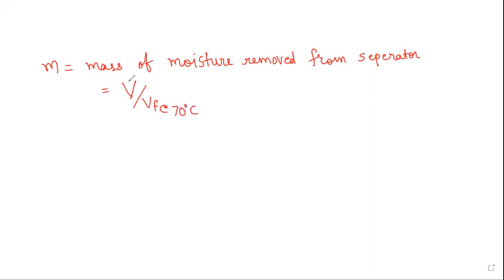And this volume is given to be 0.150 liters. And from the steam tables, we can read the specific volume at 70 degrees centigrade, and that value comes to be 0.001023, and its unit is meter cube per kg.